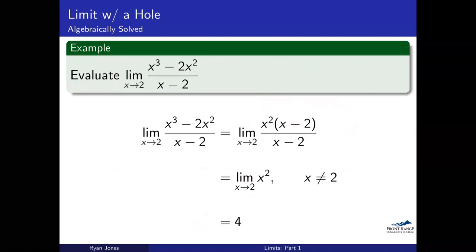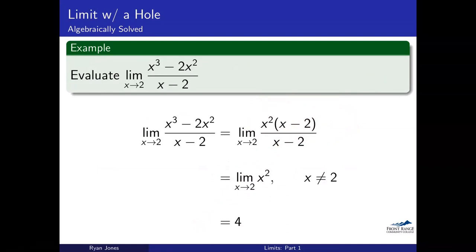And so that's this whole idea of evaluating a limit algebraically. The phrase that I haven't used yet, though we've been doing it, is direct substitution, or just substitution, as some people call it.